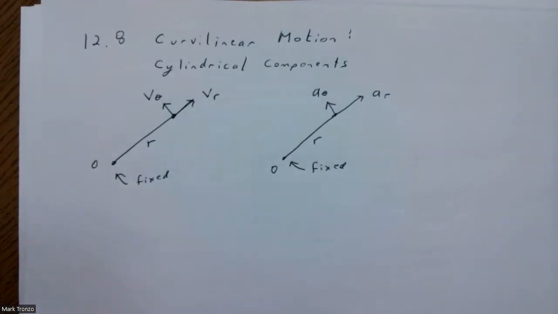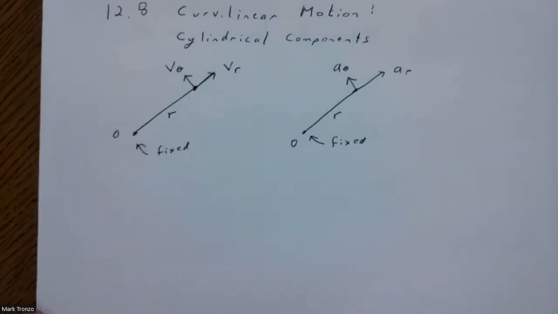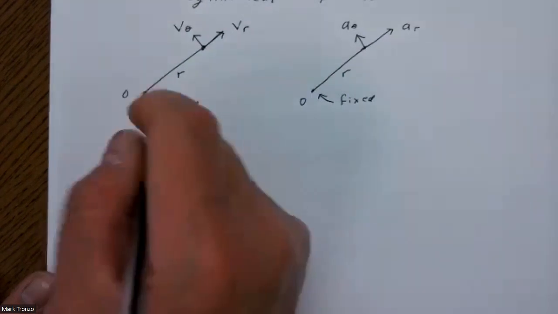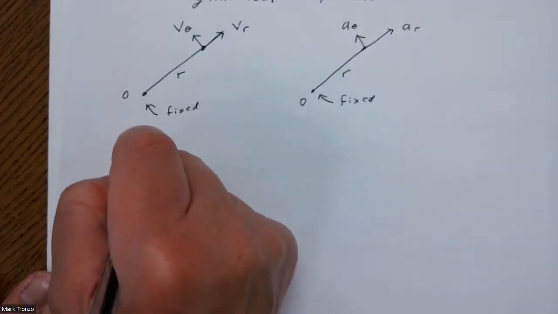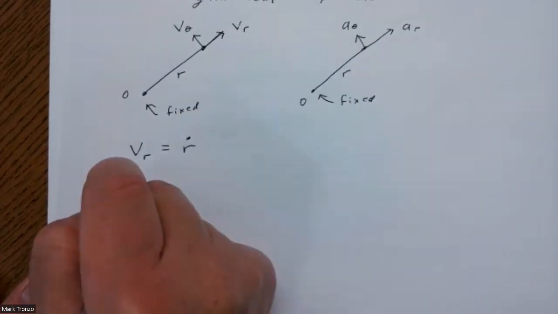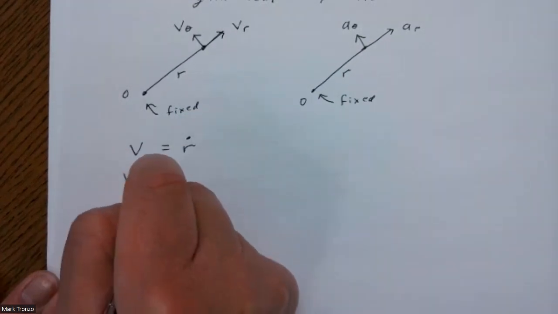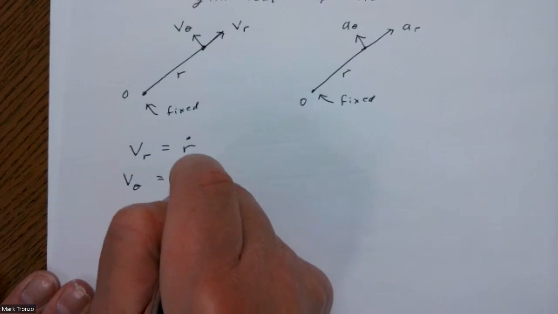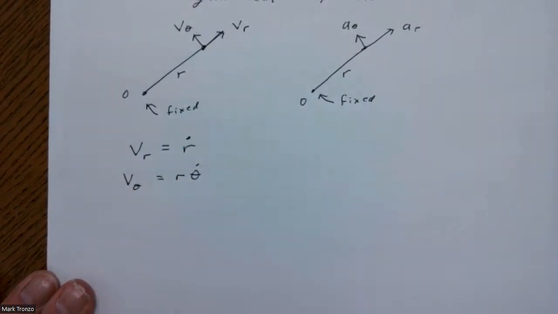And we'll have to go back a little bit to implicit differentiation. So the equations we're going to use will be V_r, which is equal to r dot, and V theta, which is equal to r theta dot.